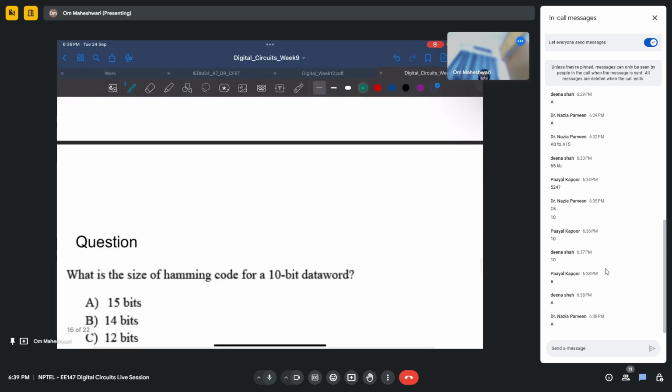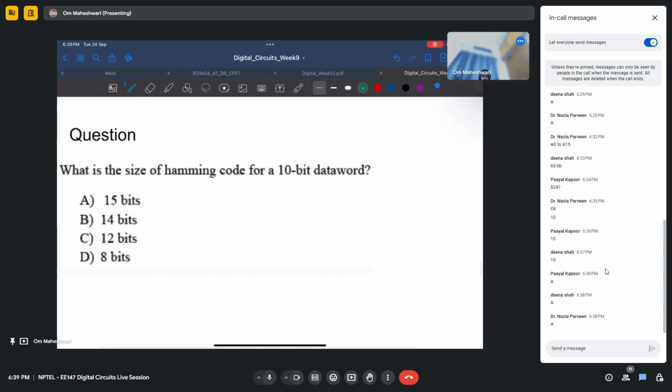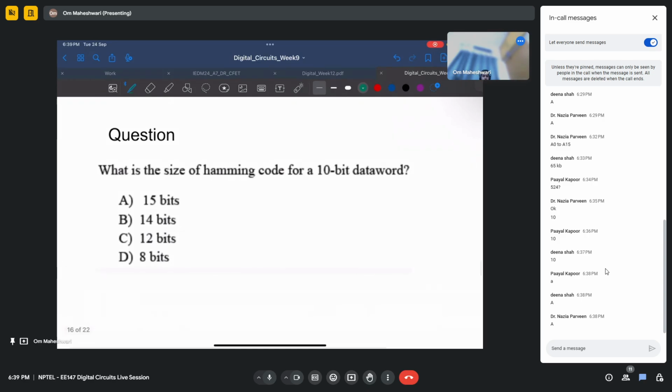Next question. What is the size of Hamming code for a 10-bit data word? Please solve this. I'll be back in just a minute.